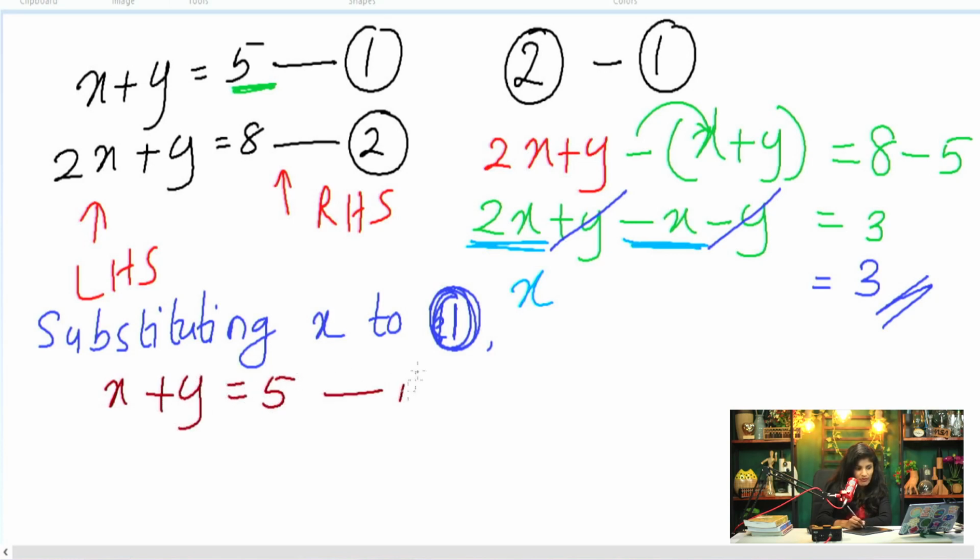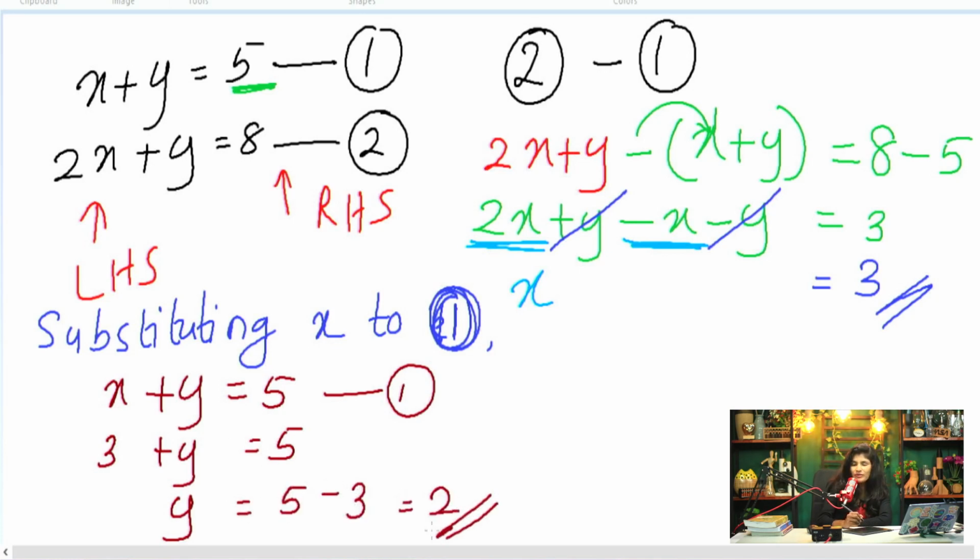This is number 1. So I will use the value of x here. What is the value of x as we found? Yes, that was 3. 3 plus y equals 5. So I will carry 3 to the other side. Then y equals 5 minus 3, which is 2. So we found the values x equals 3 and y equals 2.